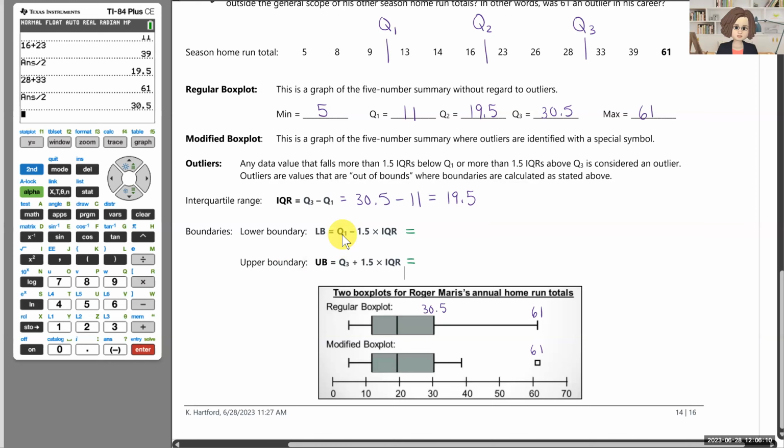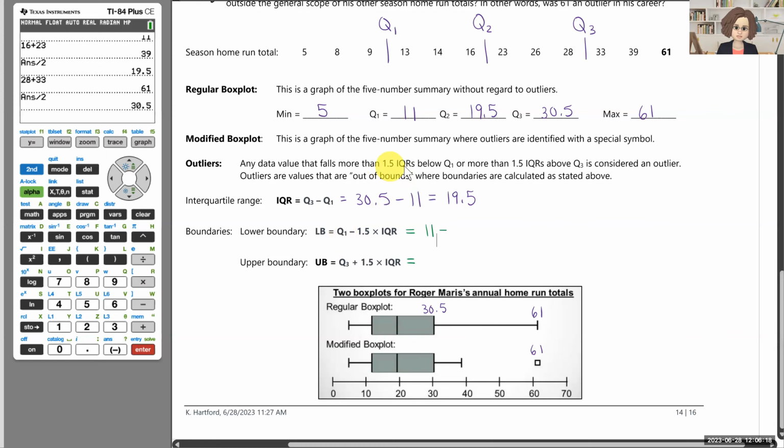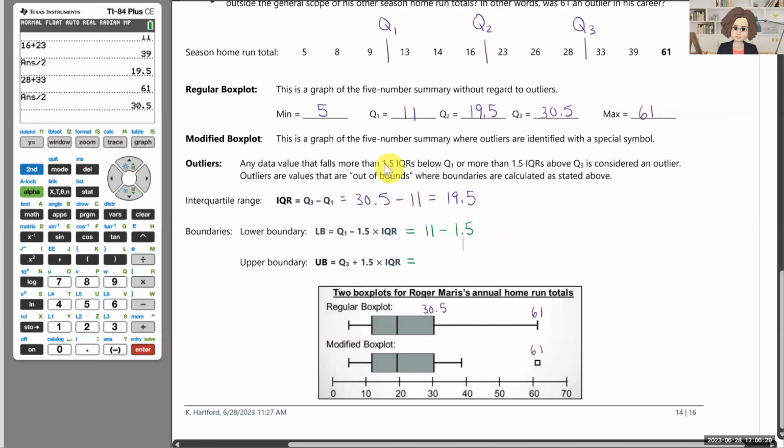So we're going to take our Q1 value, that was 11, and we're looking at values more than 1.5 IQRs below that. So by subtracting, we go below it and we take 1.5. The 1.5 is just part of the formula.